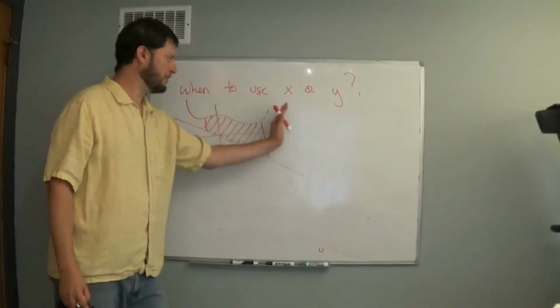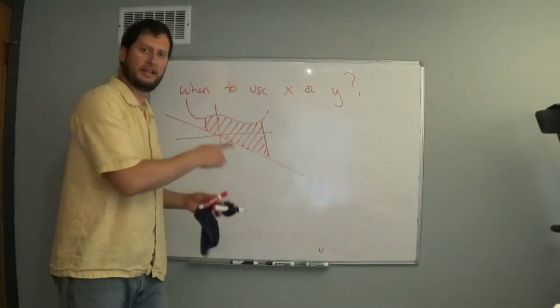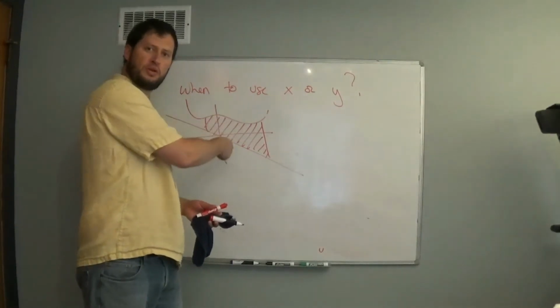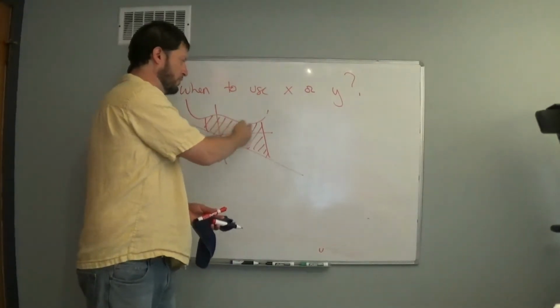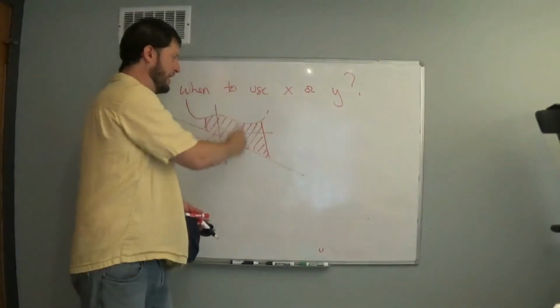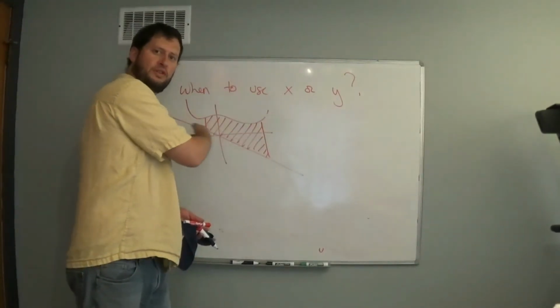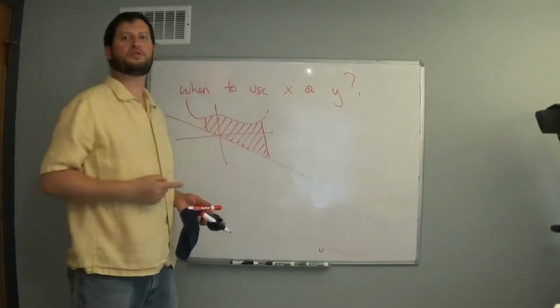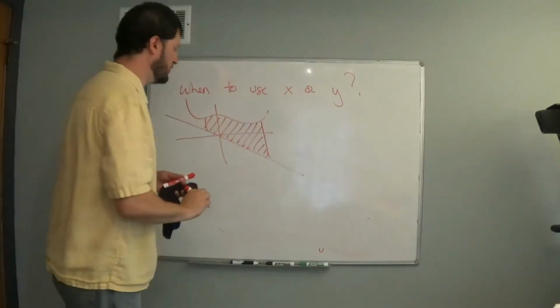If I'm shifting the vertical line, that actually means that I'm moving it horizontally. And so the vertical line is what we're looking at, and that's actually the variable. We're moving the vertical line in the x direction. So if I can take a vertical line, move it through the region, and it's always top curve and bottom curve that don't change, then that's when we're going to use x.